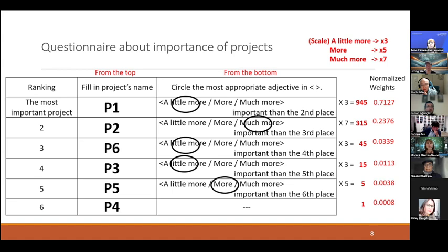I use the scale. Saaty's fundamental scale is a 9-point scale from 1 to 9. Yes, and it's also a ratio scale. This is not a ratio scale.